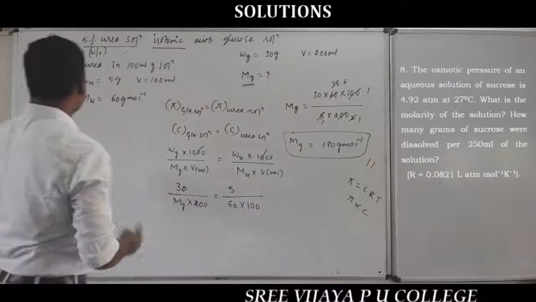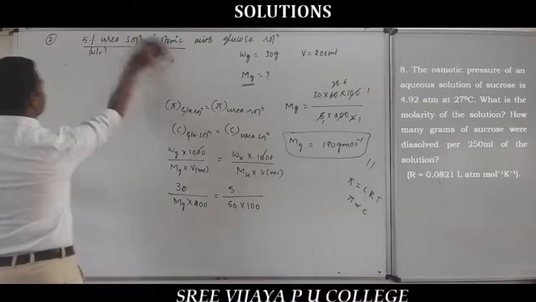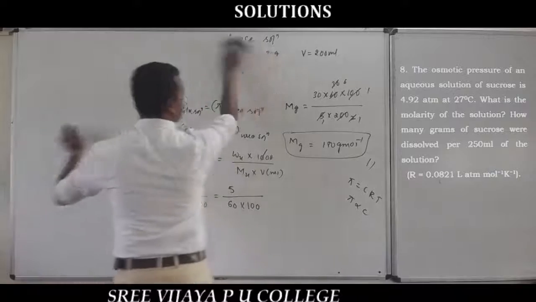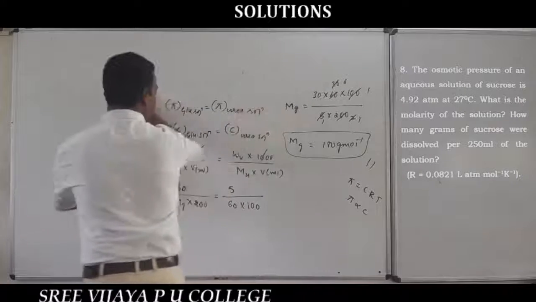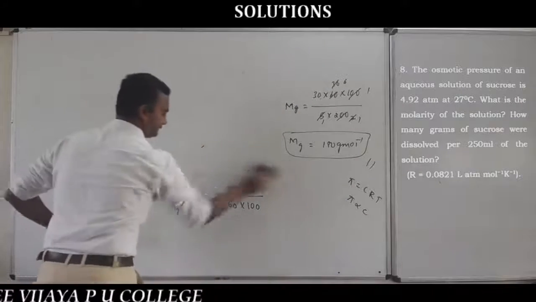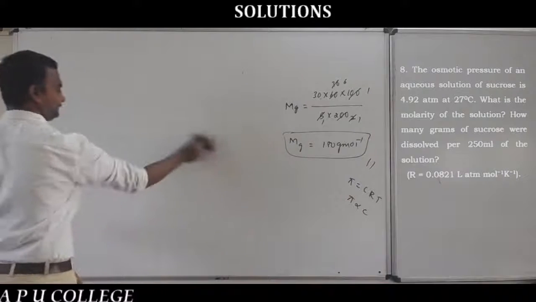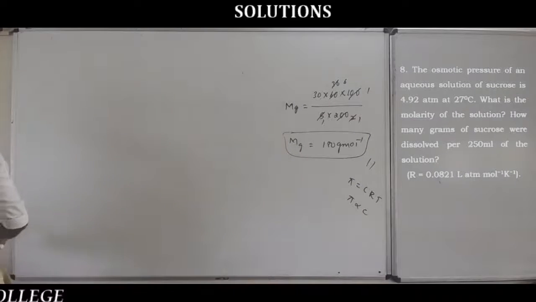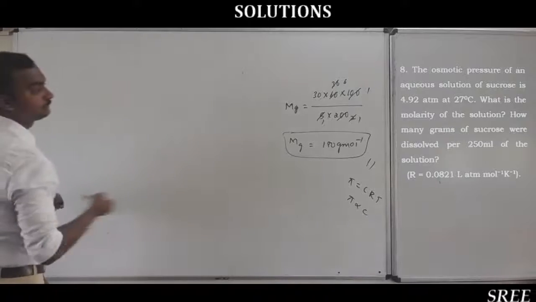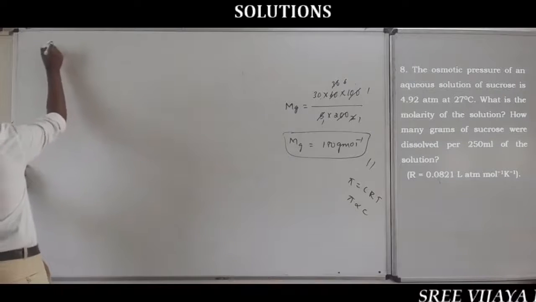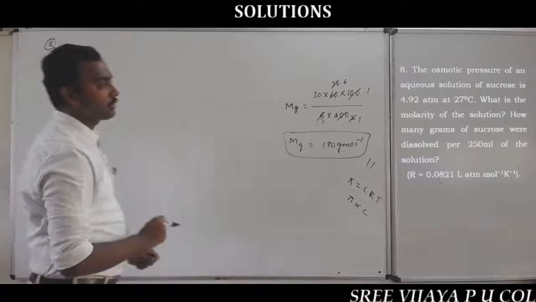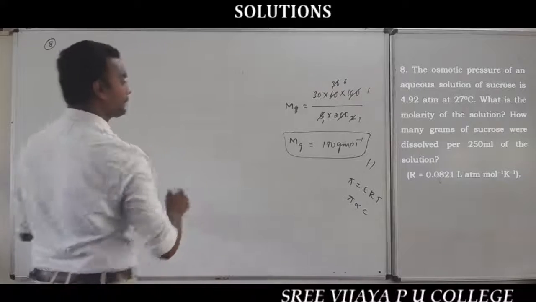So first of all, what is the data? Problem number 8. Osmotic pressure of an aqueous solution of sucrose.